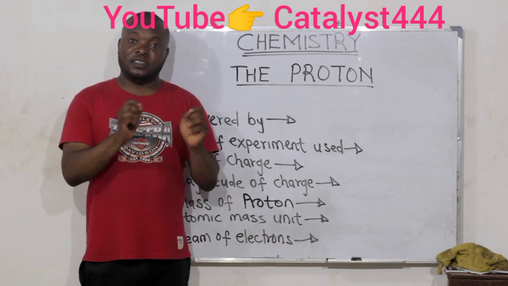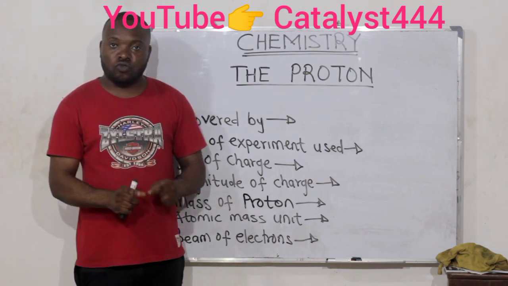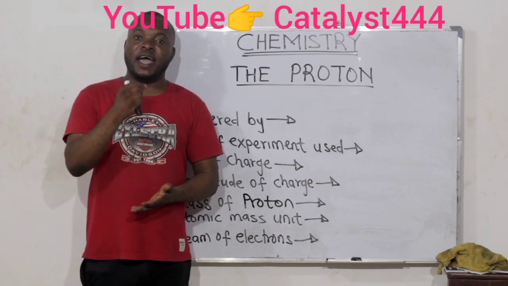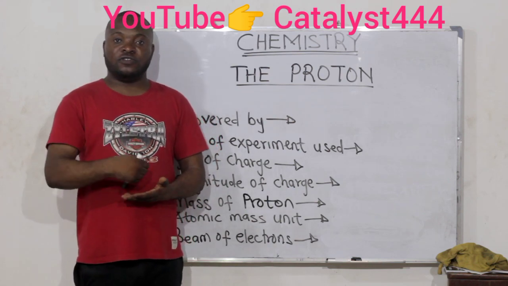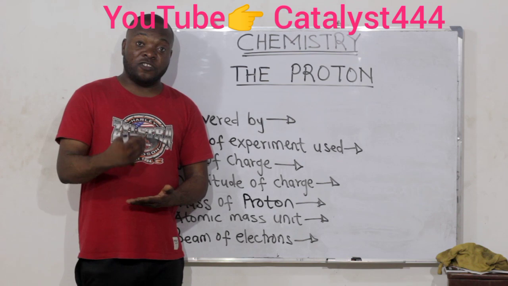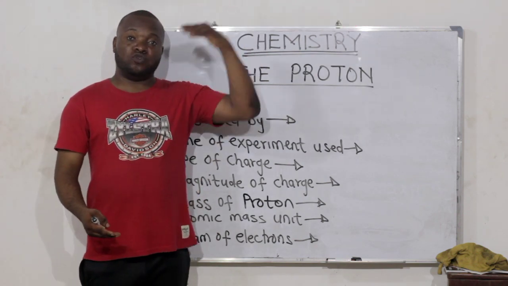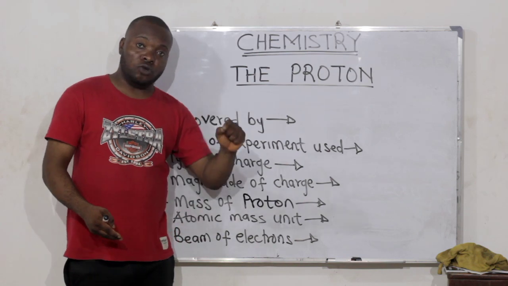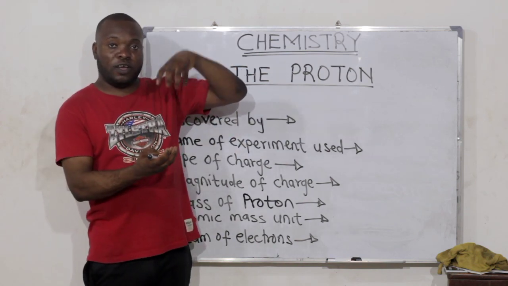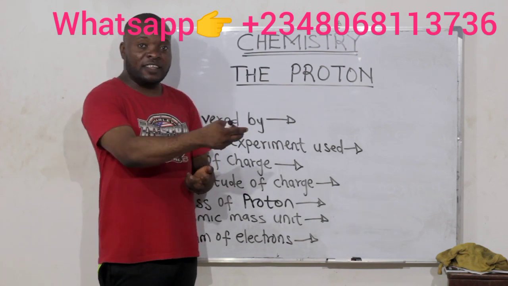I also told you that the charge of an electron was discovered by R.A. Millikan using the oil drop experiment. The oil drop experiment was used to discover charge to mass ratio of an electron. After discovering charge to mass ratio, Millikan used the value to discover the charge of an electron.